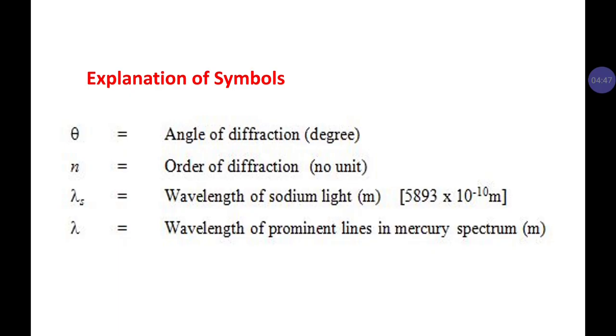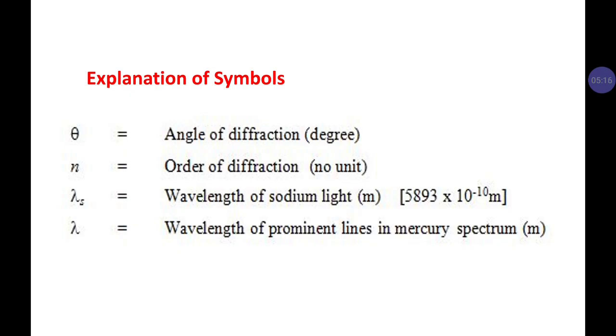And we know that sodium emits two lines, the D1 line and the D2 line. D1 corresponds to 5890 and D2 corresponds to 5896. We cannot see both the spectral lines distinctly using this apparatus because the spectral width is very small: 5890, 5896, the difference is 6.